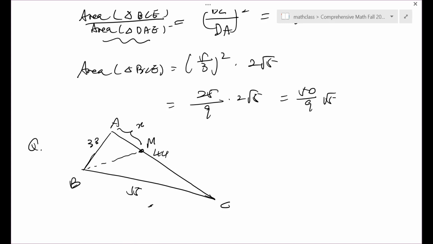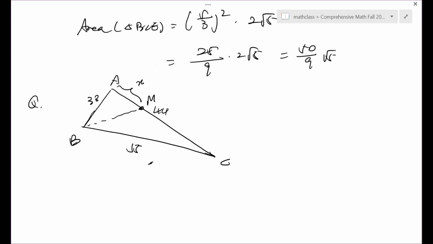Okay, so first of all, look at all three sides. 33 squared plus 44 squared equals 55 squared.